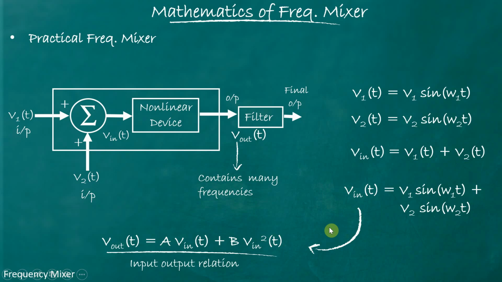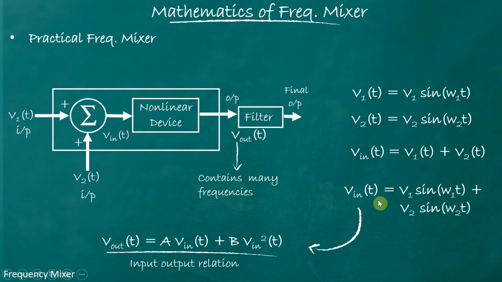So this way we can introduce non-linearity, but here we have considered only second order non-linearity. So for second order non-linearity, this is the equation of output voltage after the non-linear device, right?